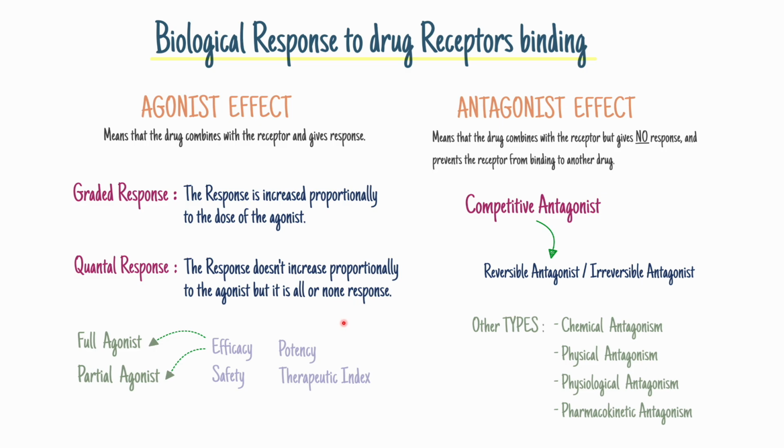The decrease is, for example, 10%, which is a good response. You increase the concentration to 10 milligrams, it decreases 25%. You give 50 milligrams, it decreases 50%, and so on. So as I increase the concentration, the response increases at the same time.